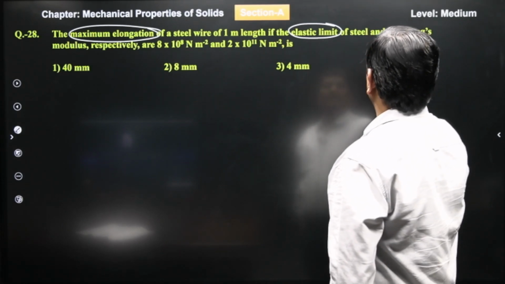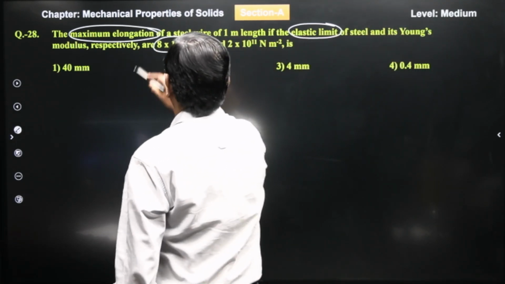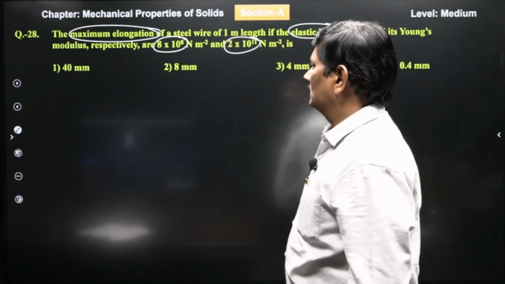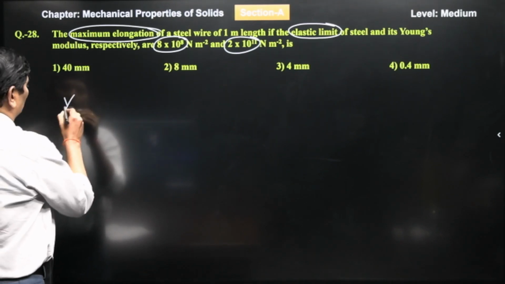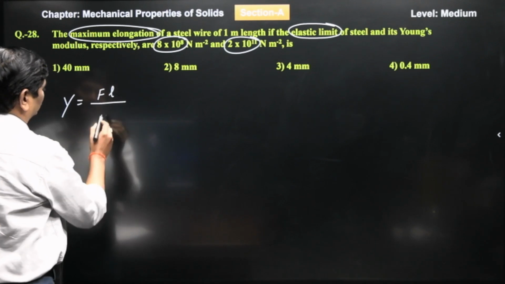If the elastic limit of the steel and its Young's modulus are 8 into 10 power 8 and 2 into 10 power 11, we are asked to find the maximum elongation. Young's modulus Y is stress by strain, we know that.